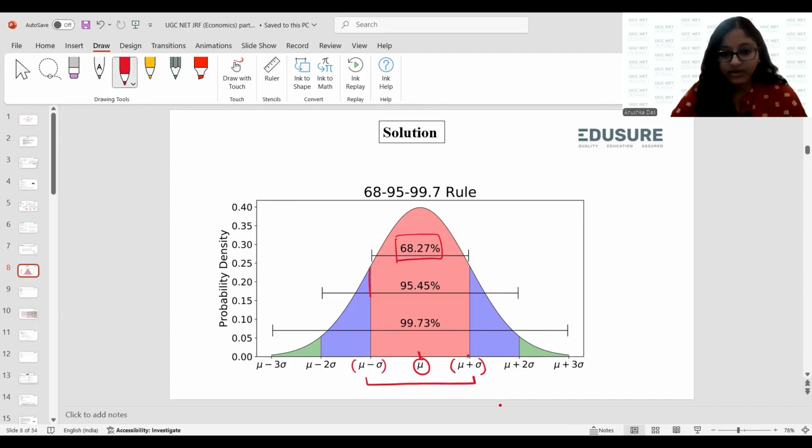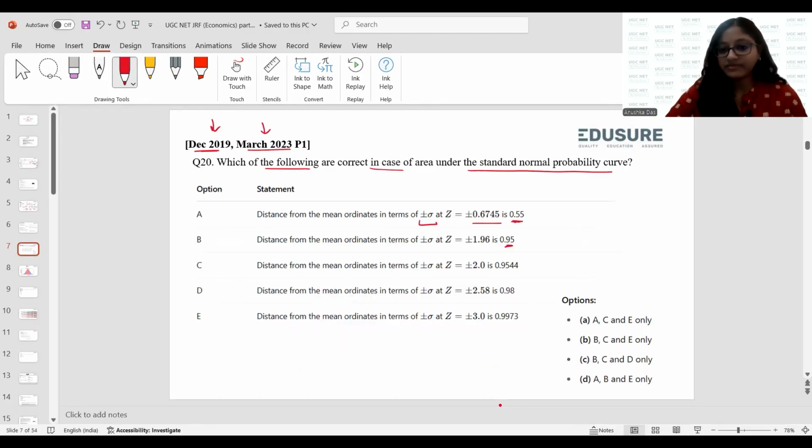If you draw this line and this line, you get this pink shaded region, and the total area of this pink shaded region is approximately 68%. So mu minus sigma to mu plus sigma is the first sigma range, and the area is approximately 68% for a normal distribution.